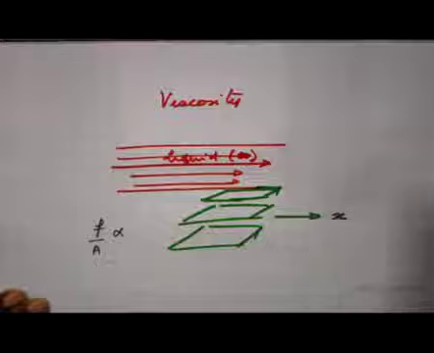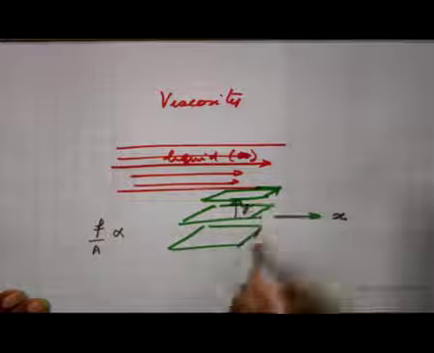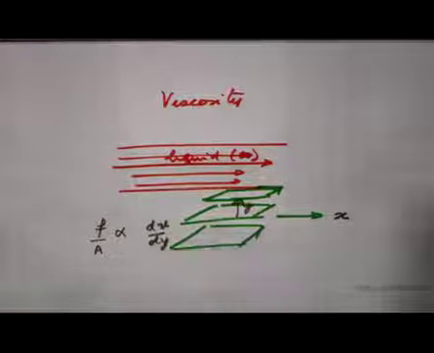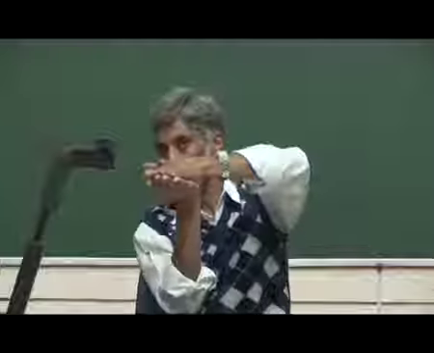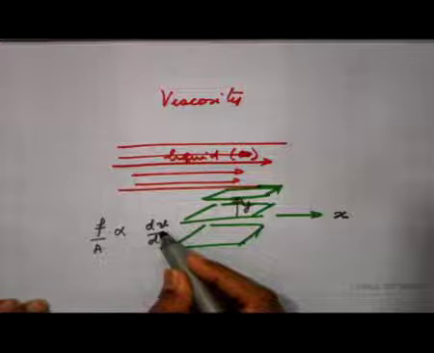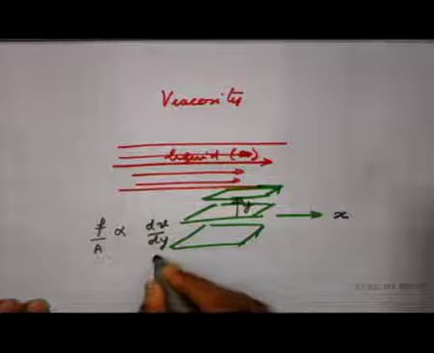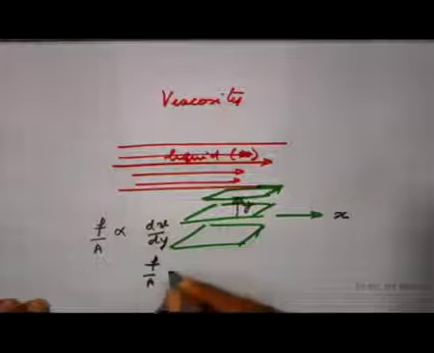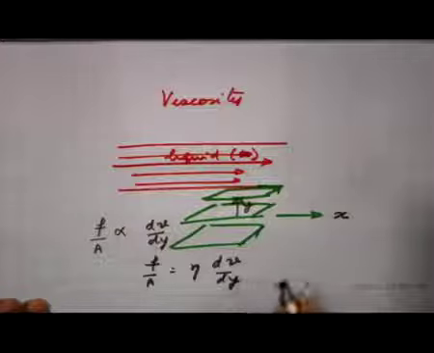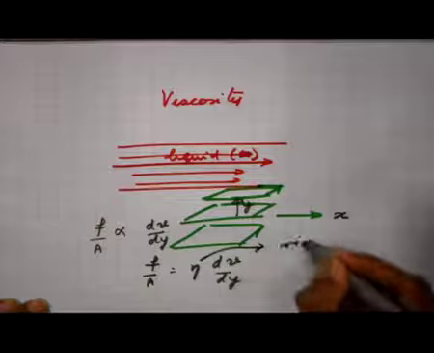If we are going in this direction, the gradient in the velocity perpendicular to the flow will be dV dy, and the force per unit area between the two planes is proportional to this gradient. So, F over A is equal to some eta times dV dy, and this eta is called the viscosity.